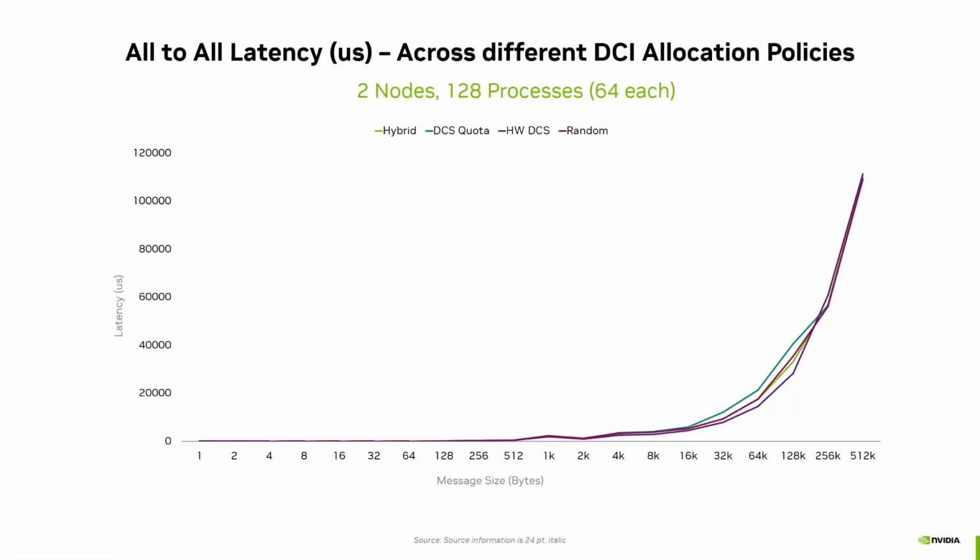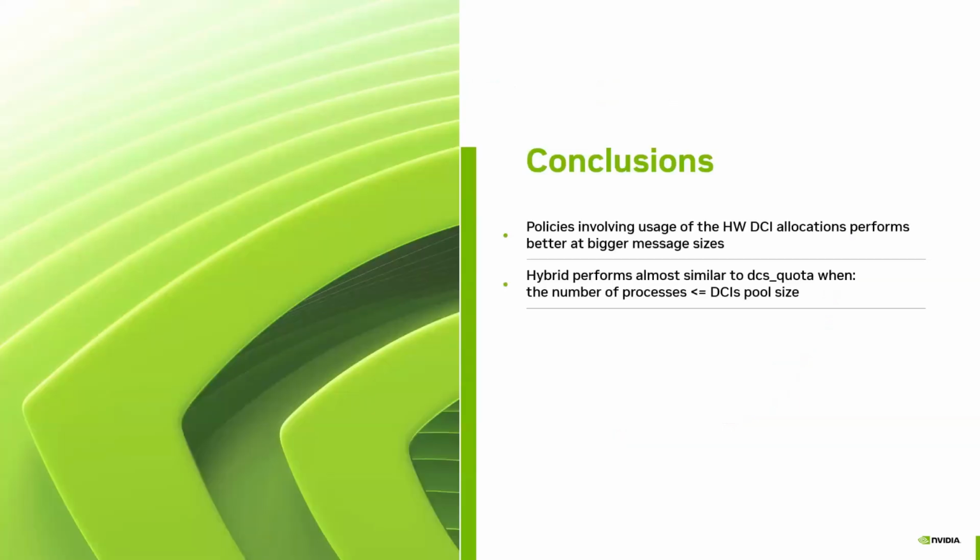Eventually, there is a good utilization of networking resources, and the allocation policy almost has no effect on latency whatsoever. It's really almost a macro improvement in the difference between DCS quota and hybrid. And I think that's it.